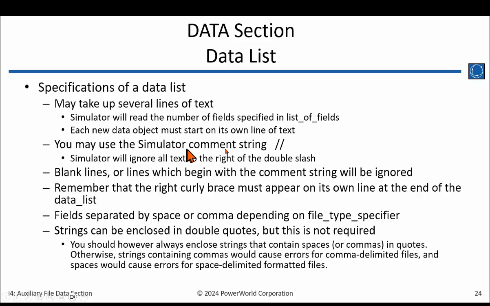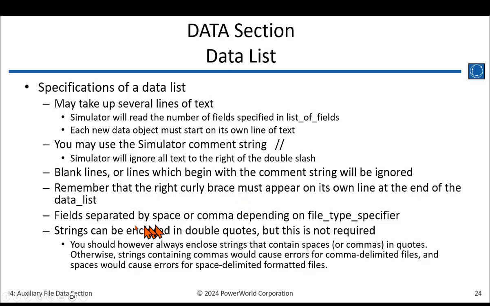And then again, the comment string is double slash. You can put that in the middle of a data line if you want, and then everything to the right of it will be ignored. Blank lines, again, are also ignored, and the curly braces must appear on their own lines, the open and the closed ones.